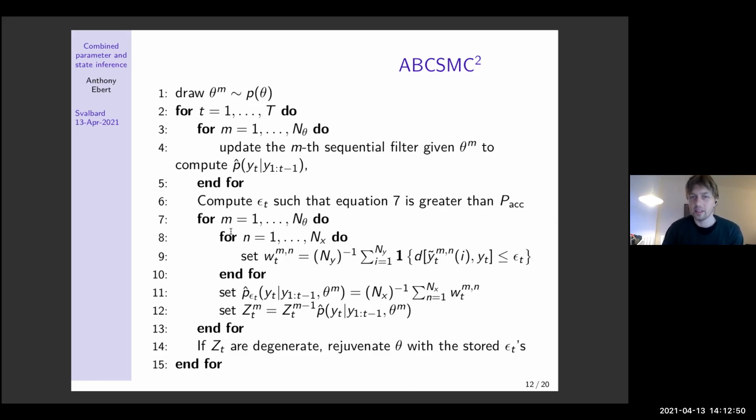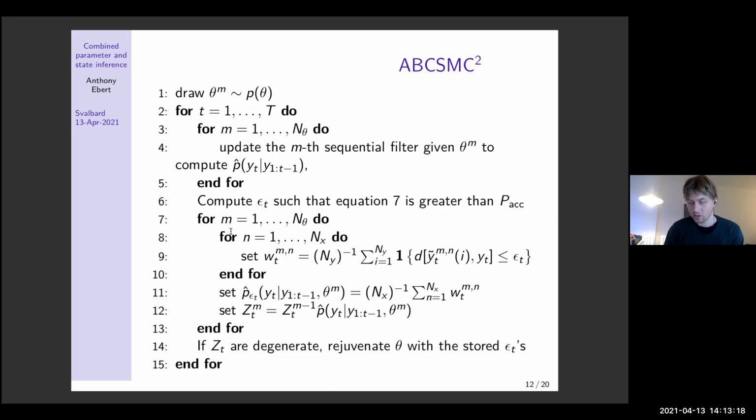And what it does is, it means that associated with each fixed parameter is a whole set of state parameter proposals, and each of those state parameter proposals at each time step has a whole set of distances, right?